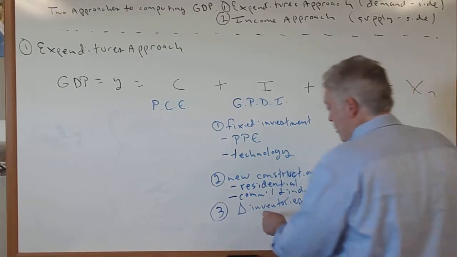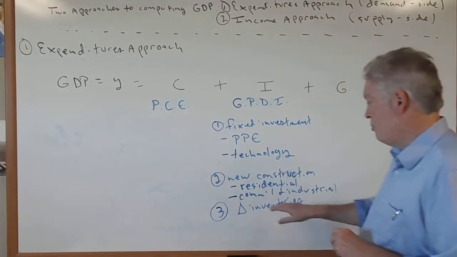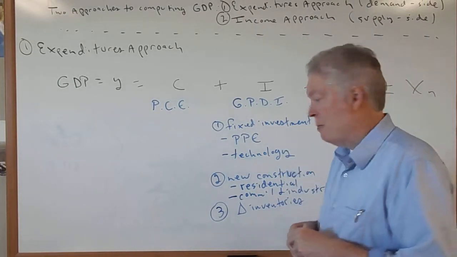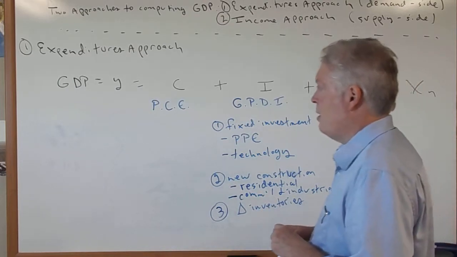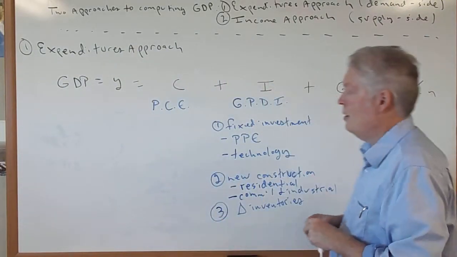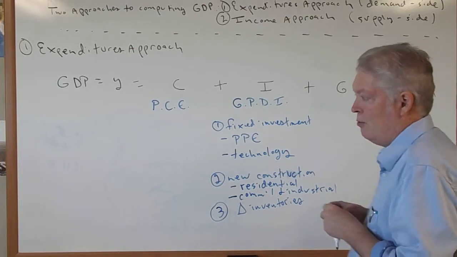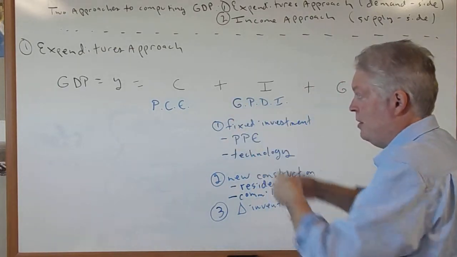And then the final one here is changes in inventories. We're going to have much more on this when we talk about one of the first models of macroeconomics. We'll talk about the importance of inventory swings, because if we talk about the ups and downs of GDP, which we're going to do very shortly, and we look for causes, and we look for where we can attribute those changes in GDP, which we all know happen.